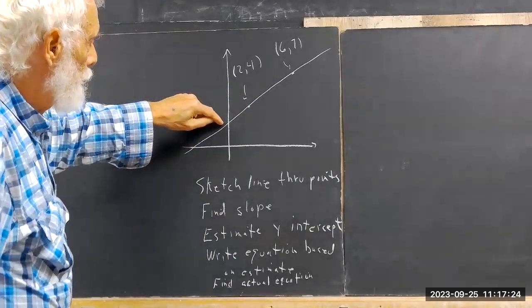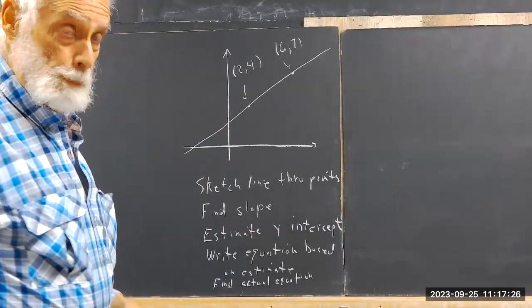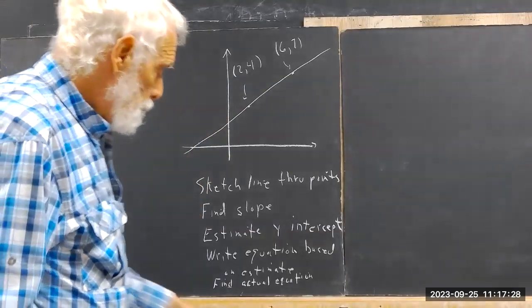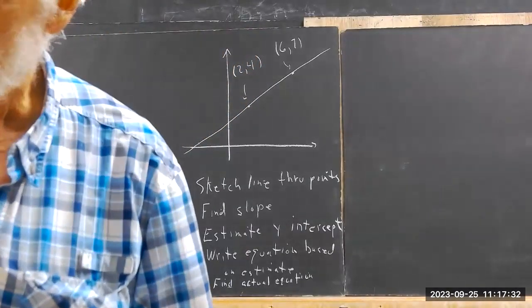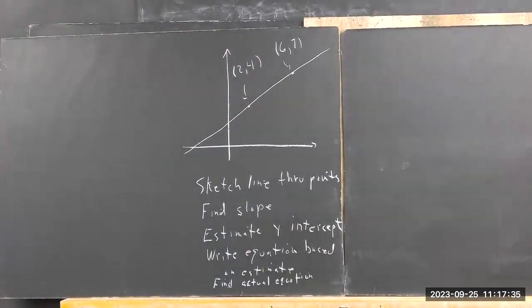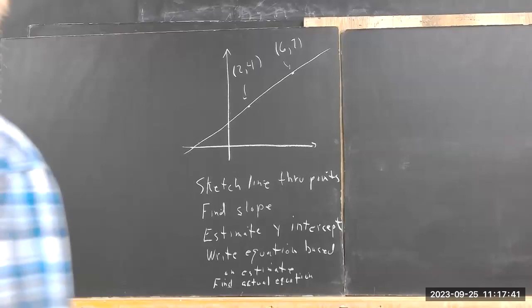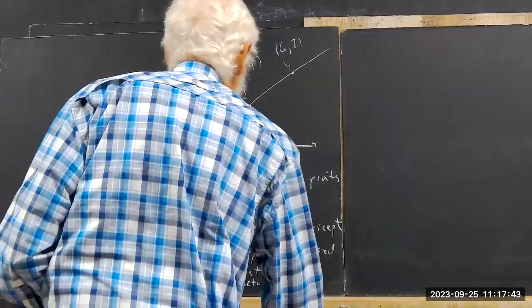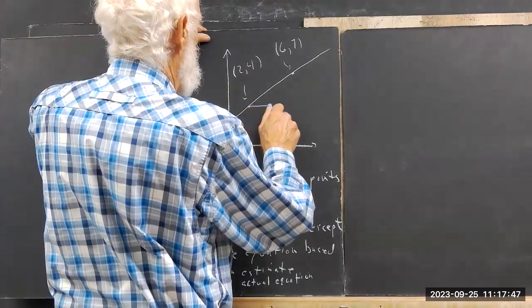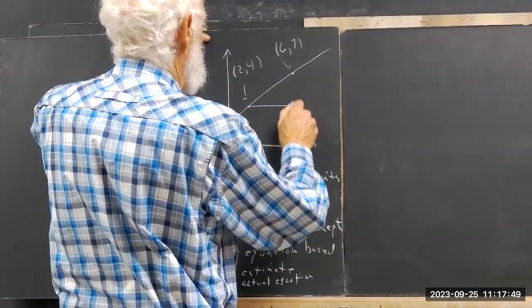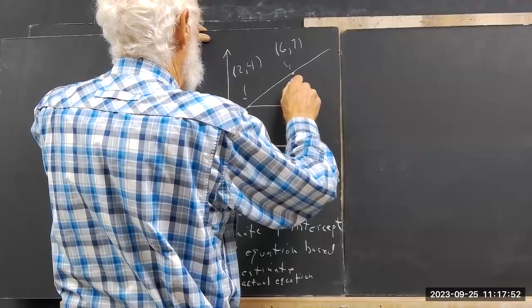Okay, so then find the slope. Now, when you find the slope, I really recommend that you sketch it. Where'd my chalk go? Okay, so you've got a run and you've got a rise.